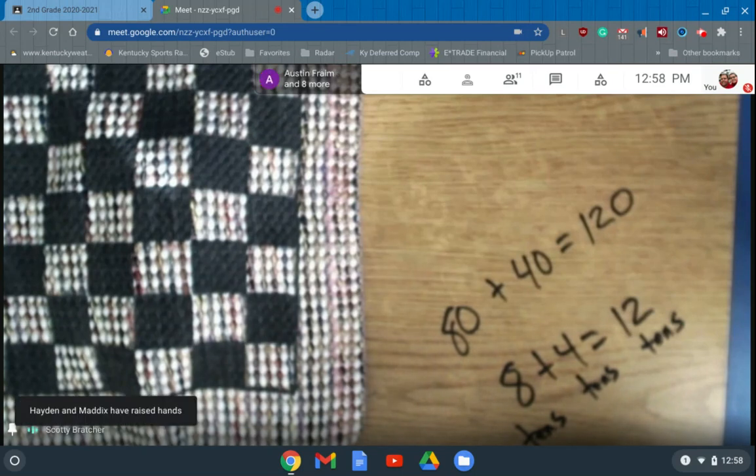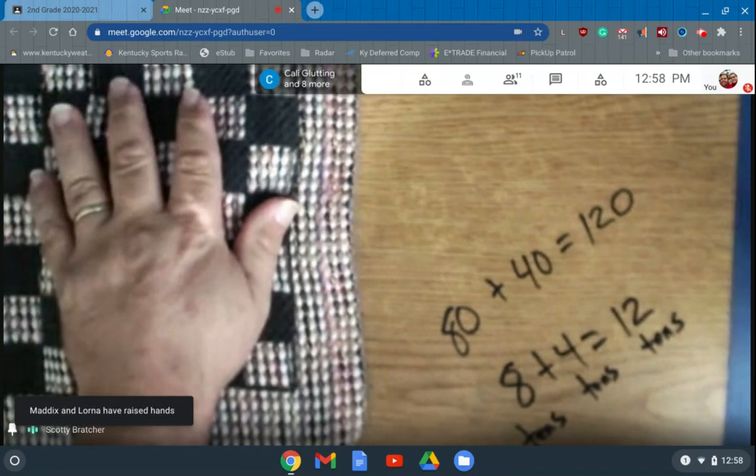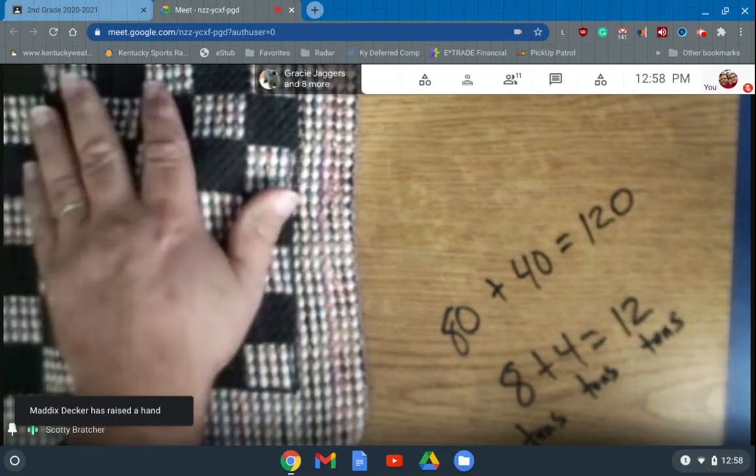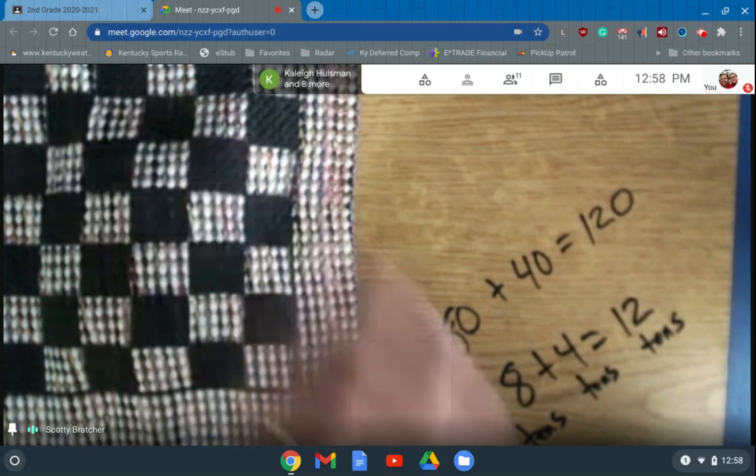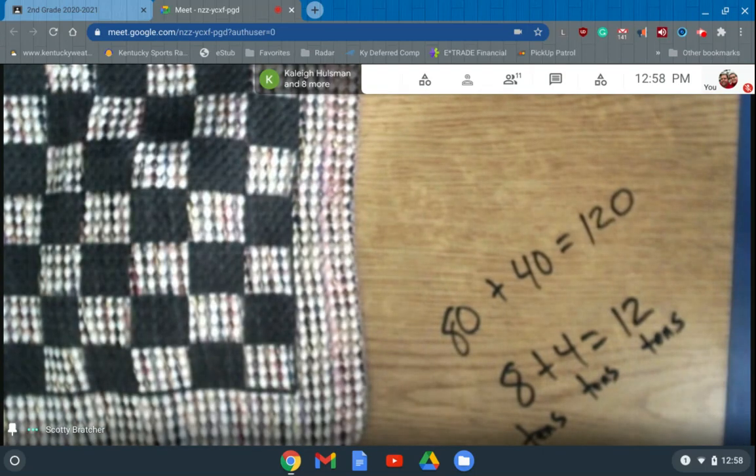Here's my real question. Does it look like it should look under here? If you say, yep, it looks exactly like it should look under here, you put your thumb up. If you say, nope, you need to do something, put your thumb down. Oh, I got some thumbs down. Oh, everybody's thumbs down. All right.